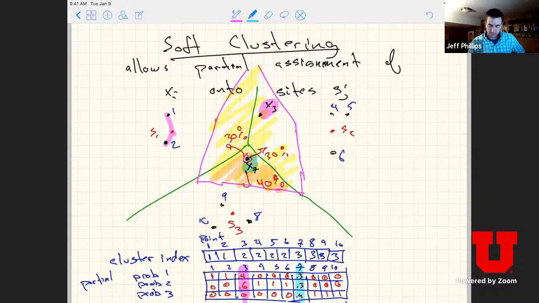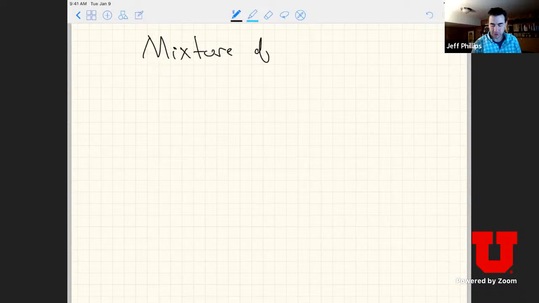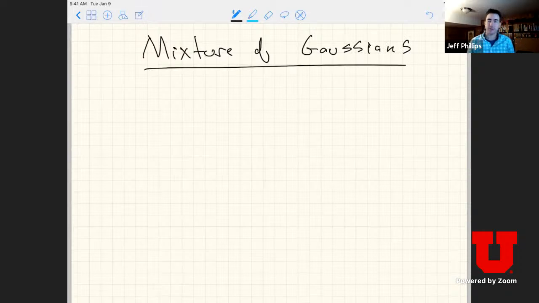Okay, hopefully that general concept makes sense. Now I want to get back to the main focus today, this idea of a mixture of Gaussians. We're basically going to be doing soft assignment clustering, and we'll get to the soft assignment part gradually.